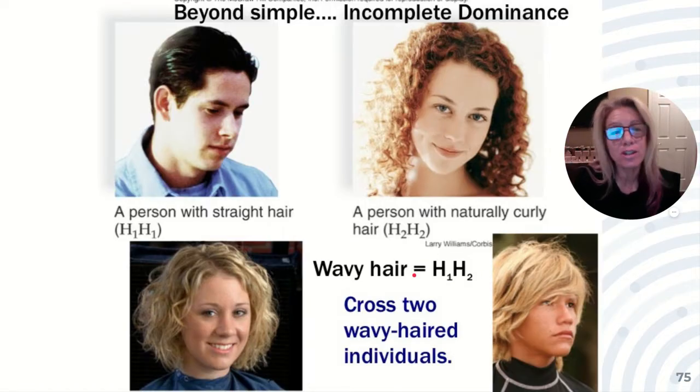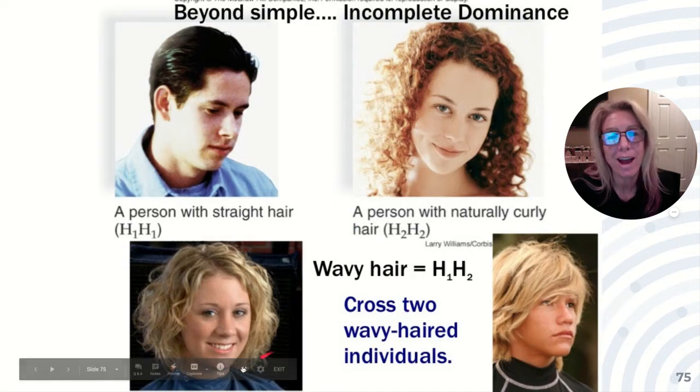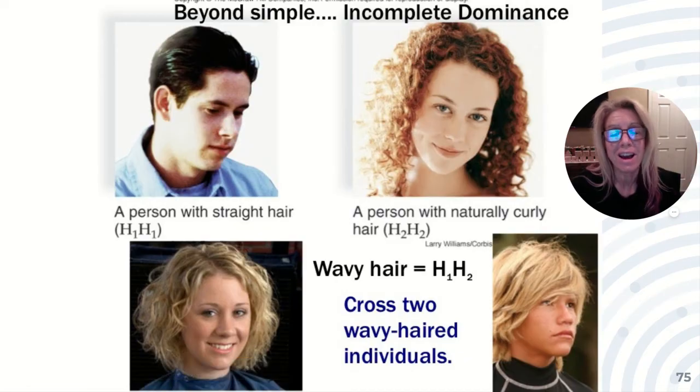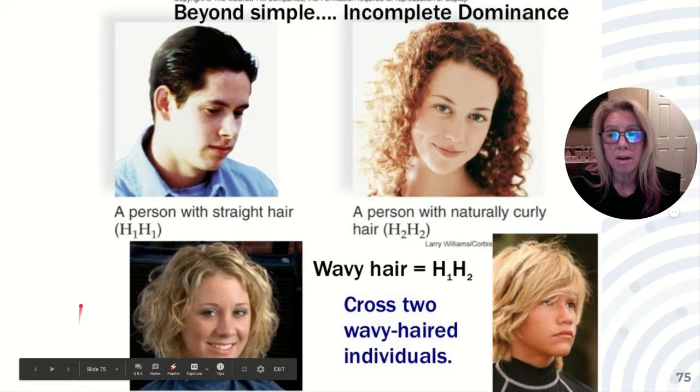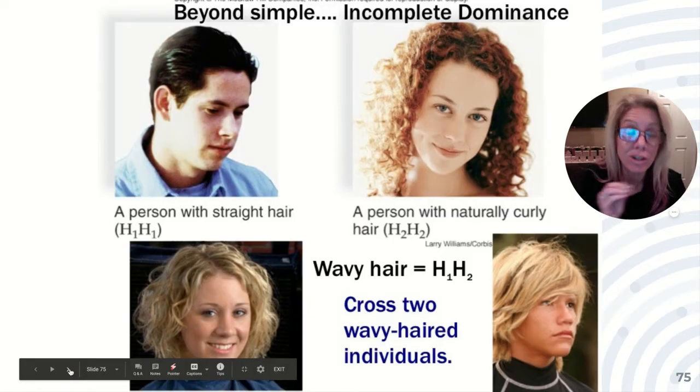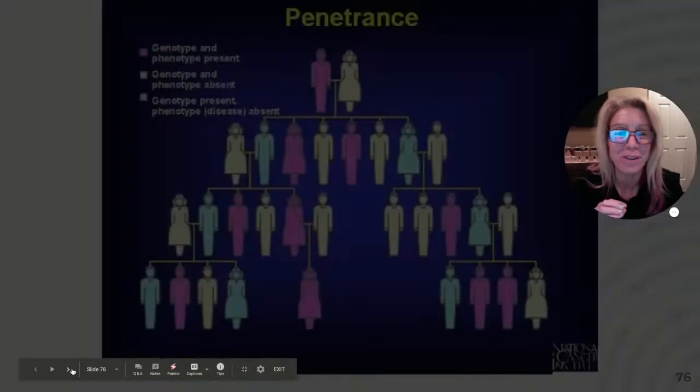So I'd encourage you to do this as practice, to cross two wavy-haired individuals, and you'll see that the straight hair genotype and phenotype will show up, as well as the curly again. All right, so could two wavy people have a straight hair child? Yes. You can look at all the different possibilities with all those different crosses if you wanted to.